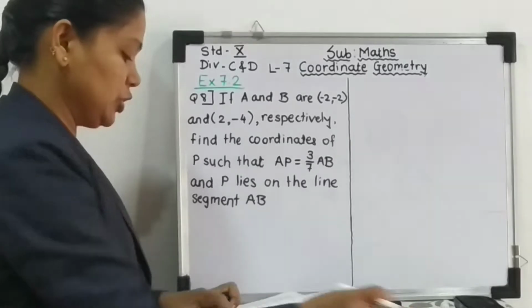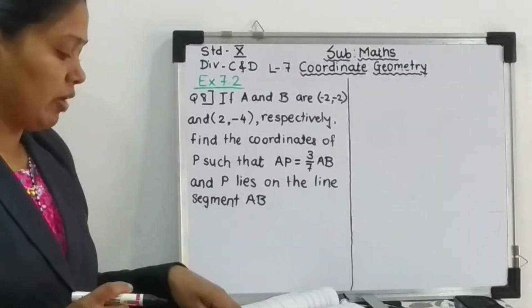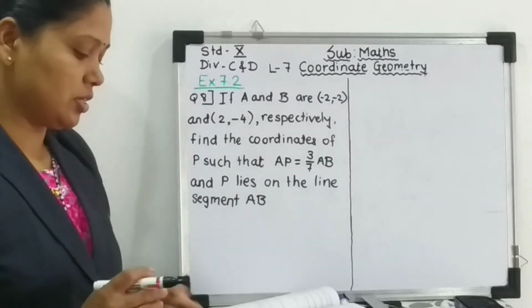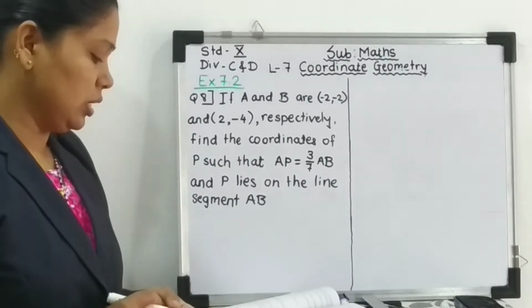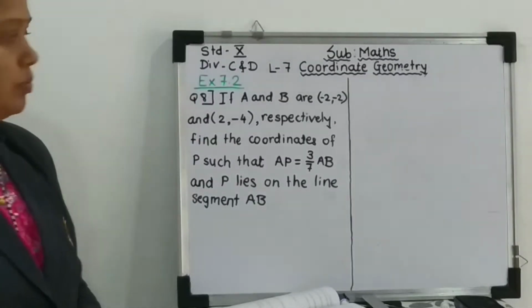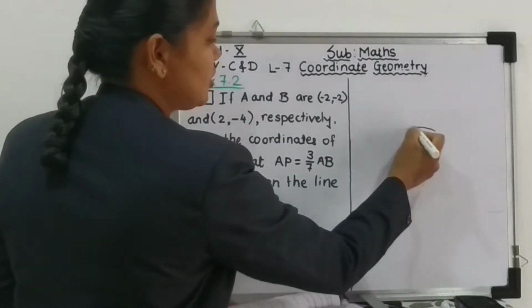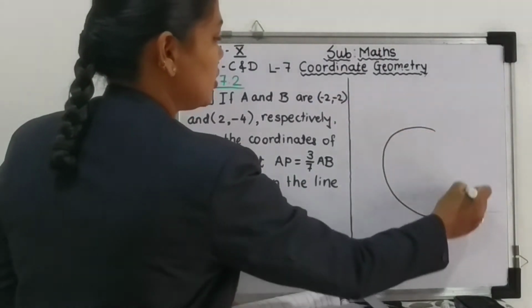See question number 7. Find the coordinates of point A where AB is the diameter of a circle whose center is (2, -3) and B is (1, 4). What is given? AB is the diameter. So first of all we are supposed to draw a circle.